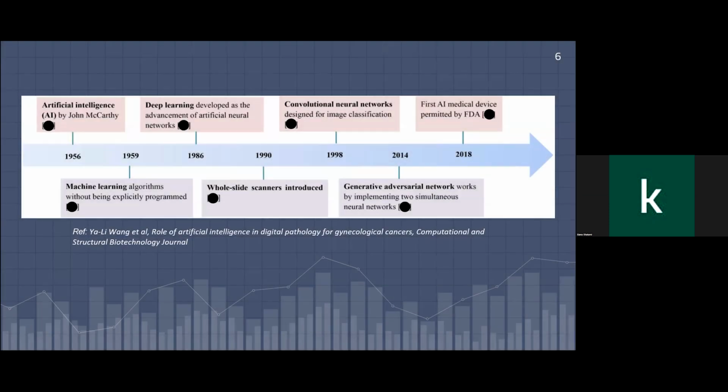And then the next. So I've taken this graph from one of the studies which was very thoughtful, and I wrote the reference beneath the picture. So it's very good to have an overview of when all this artificial intelligence has been introduced to the world. So it was 1956 when artificial intelligence was first launched, and then it was machine learning, which is one of the algorithms used in artificial intelligence, launched in 1959.